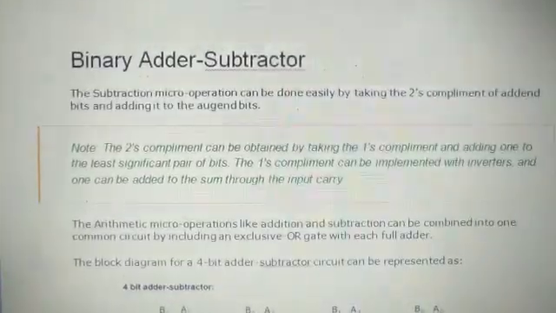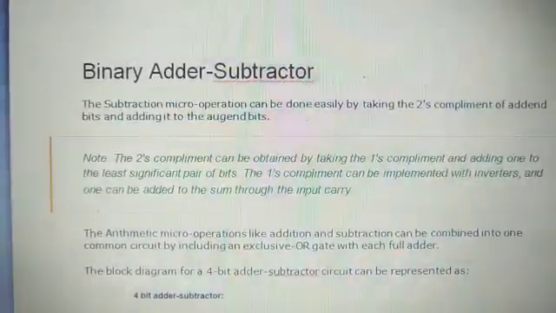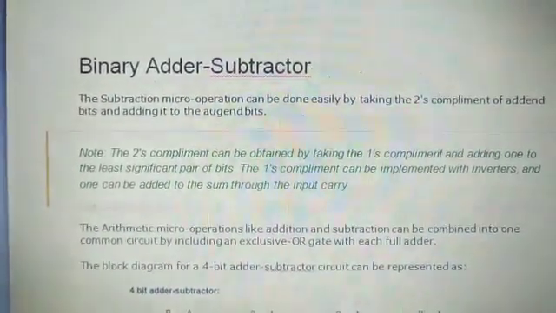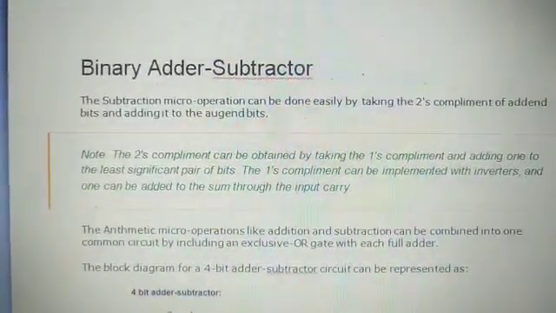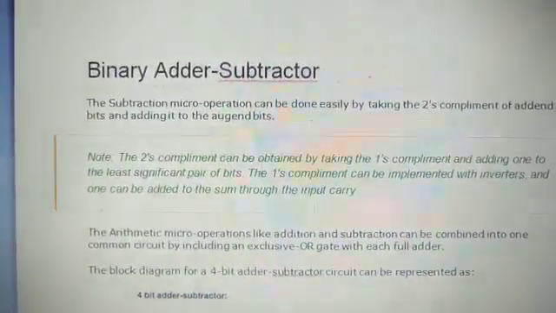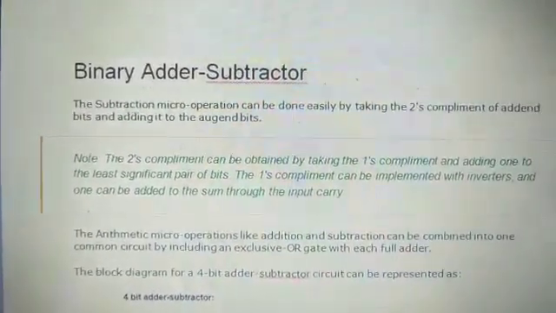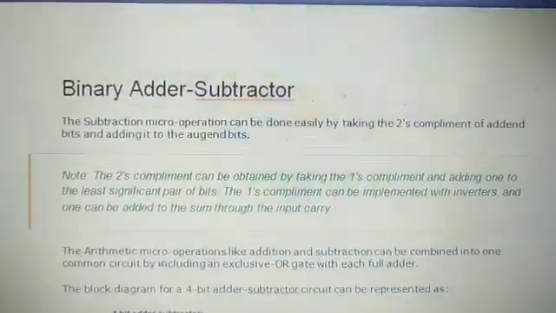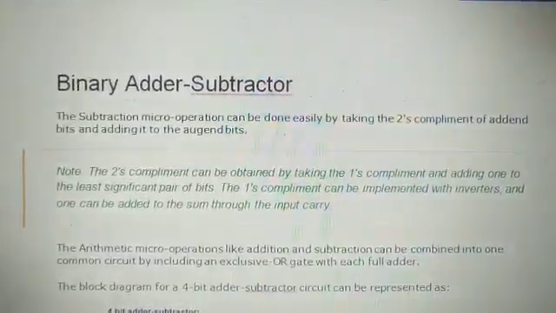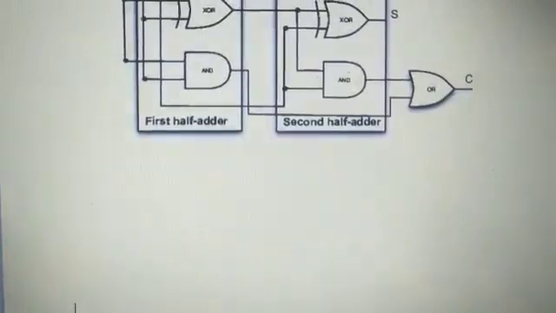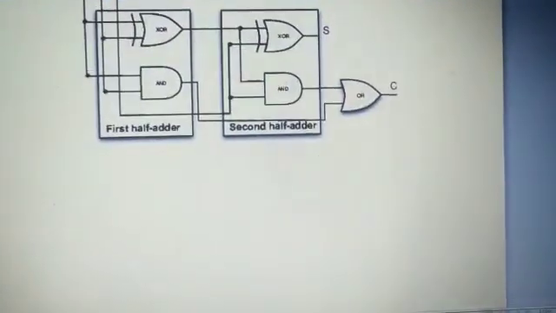The exclusive OR gate acts like an inverter here, and why an inverter I will explain later. The control input line determines whether the circuit will act like an addition circuit or a subtraction circuit. First, go through the block diagram of the 4-bit parallel adder subtractor circuit.